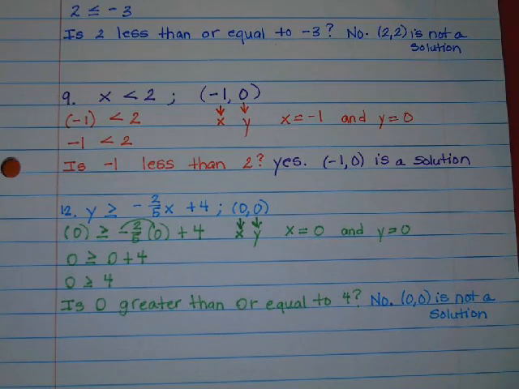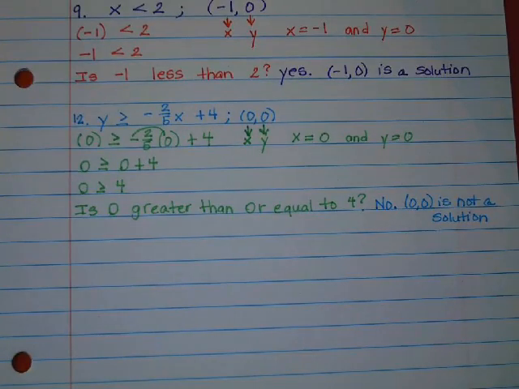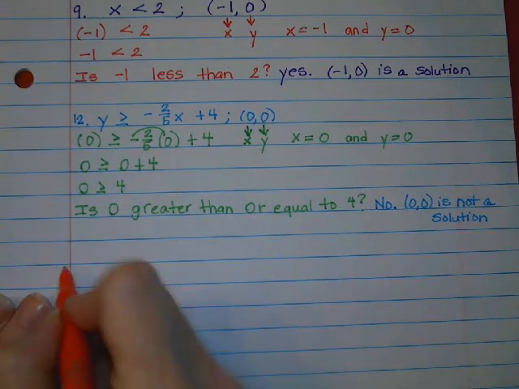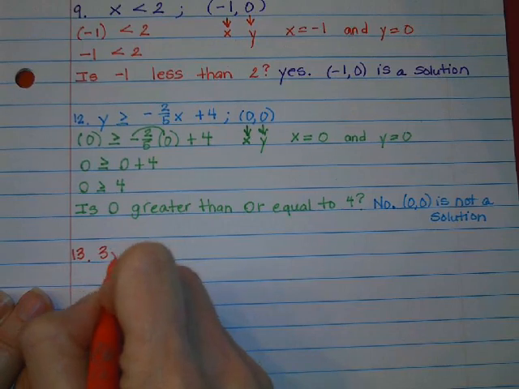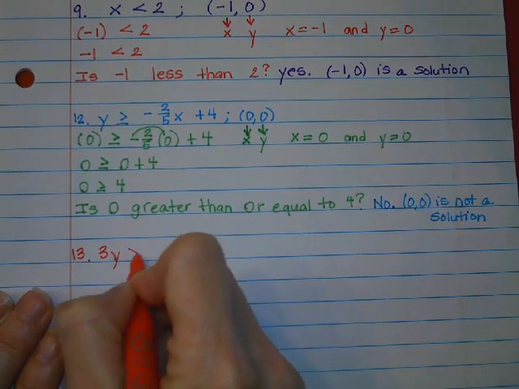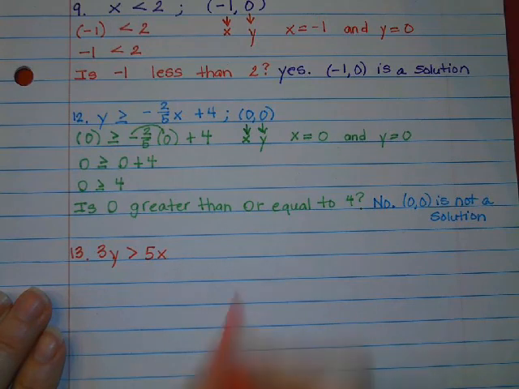All right, we're going to try one more in this section. We're going to move to number 13. Number 13. All right, we got 3y is greater than 5x minus 12.